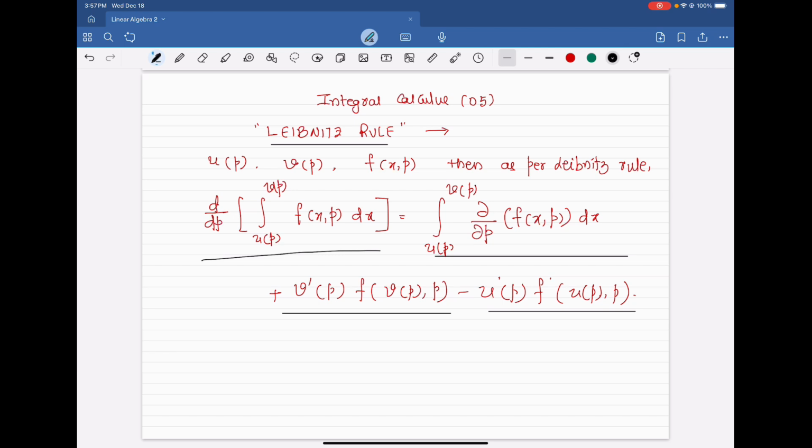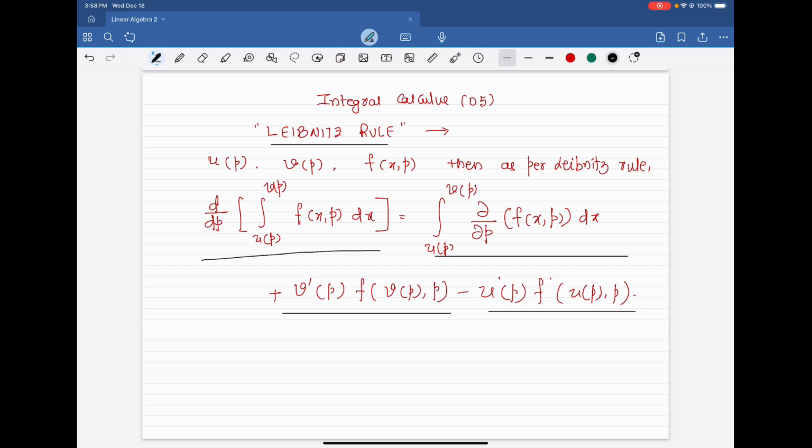Here u(p) is a function of p and v(p) is a function of p, where u(p) is the lower limit of the integral and v(p) is the upper limit, and the function f(x,p) is given. The integral from u(p) to v(p) of f(x,p) dx is the basic integral on the left-hand side, and we differentiate it with respect to the variable p.